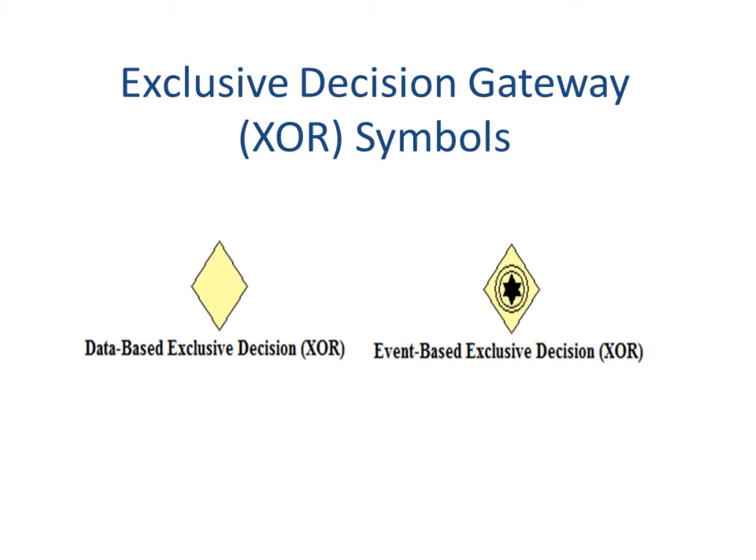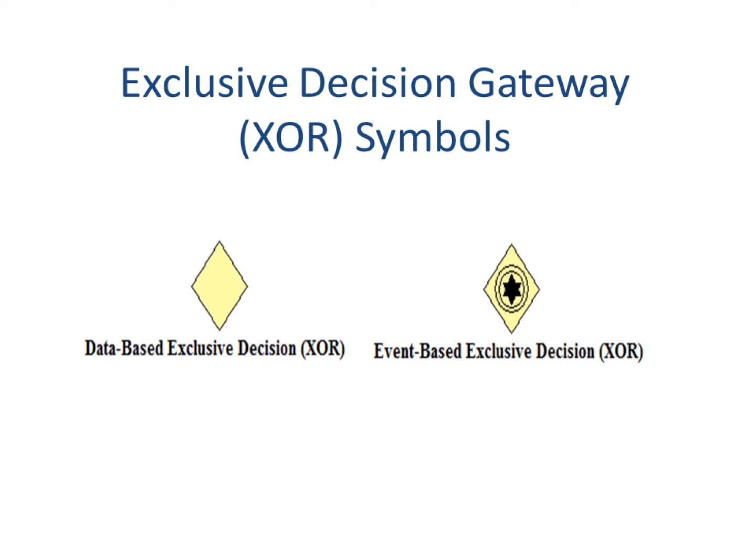Exclusive gateways can be used as a merge or as an alternative sequence flow, though rarely used in this way. There are 2 types of exclusive decisions: data-based and event-based. A data-based gateway does not contain an icon, while an event-based gateway has a star icon surrounded by a double circle.